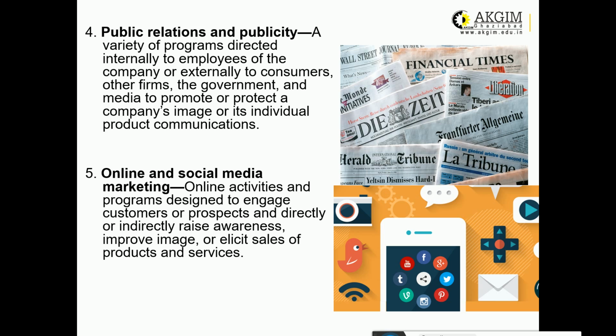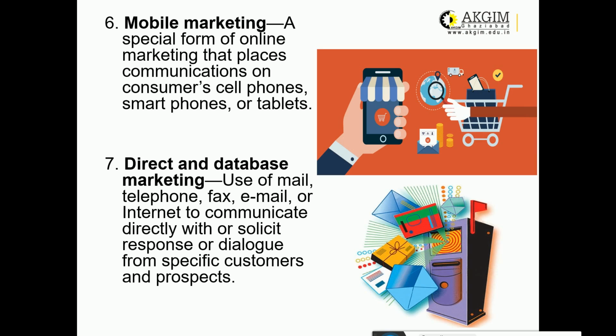Then online and social media marketing, where online activities and programs are designed to engage customers or prospects and directly or indirectly raise awareness, improve the image of the company, or elicit sales of products and services. Then mobile marketing, a special form of online marketing that places communication on consumers' cell phones, smartphones, and tablets.